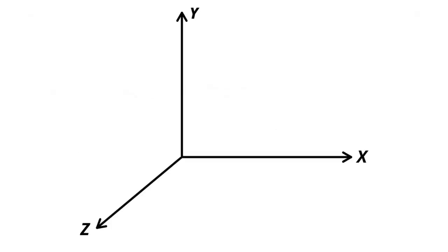For example, let's say we have motion only along the x-axis. So only the x coordinate will change, while the y and z coordinates will remain constant.